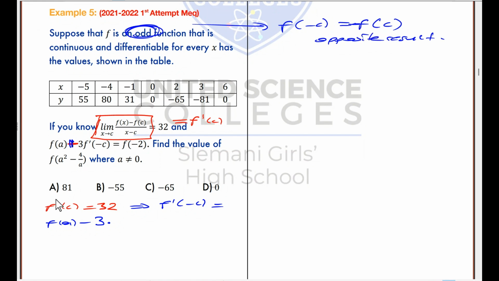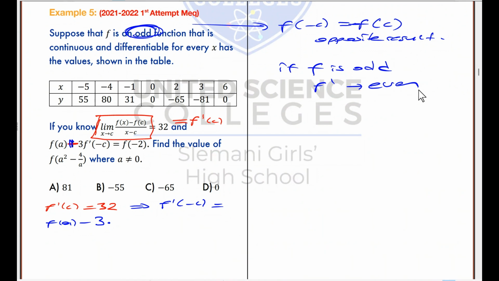So if f prime of c is 32, what's f prime of minus c? If f is odd, what is f prime? F prime is even. Okay, if f is an odd function, f prime should be an even function.